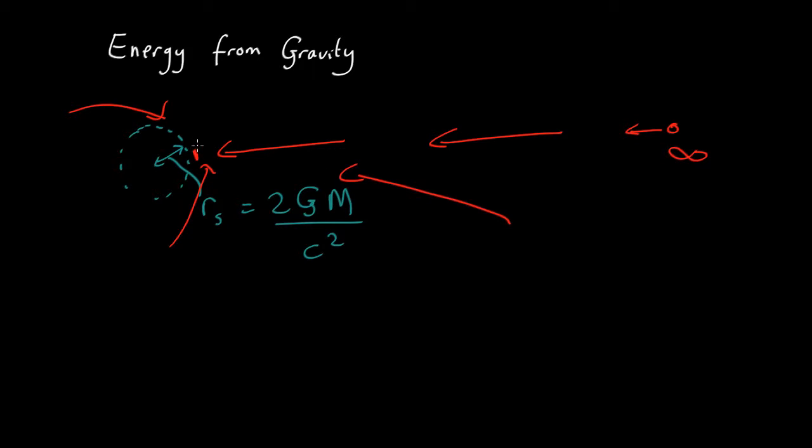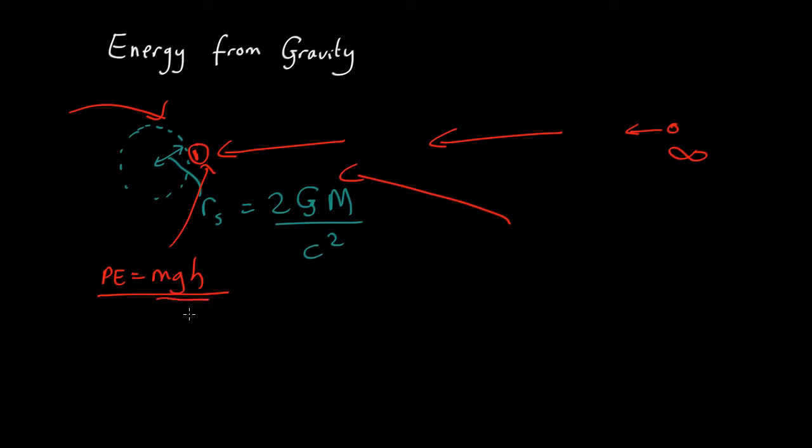So how much energy does something have if it falls from infinity to just above the event horizon? Well, the easiest way to calculate this is using potential energy. Gravitational potential energy, you're usually used to it as potential energy equals mgh. That's the form normally used for equations on Earth. This, however, is just an approximation.